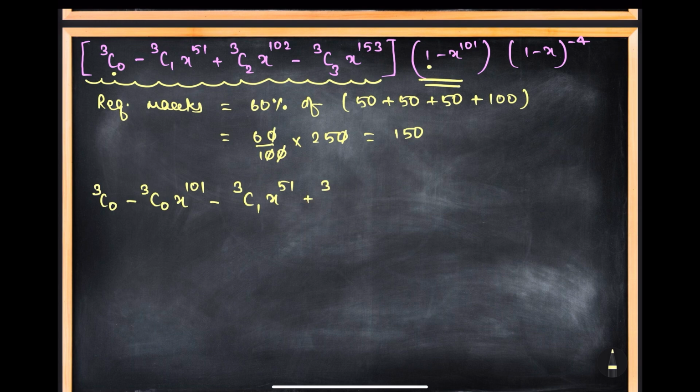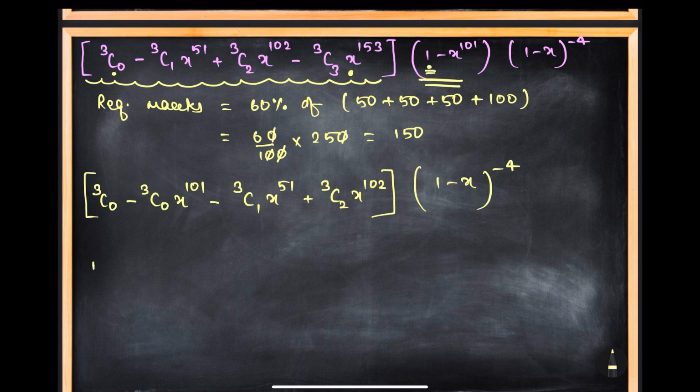Plus 3c2 x power 102, and then multiplied with x power 101, so it will become 203, so reject that one. Again it is going beyond, so ignore. Now we have to multiply this with (1 minus x) power minus 4.